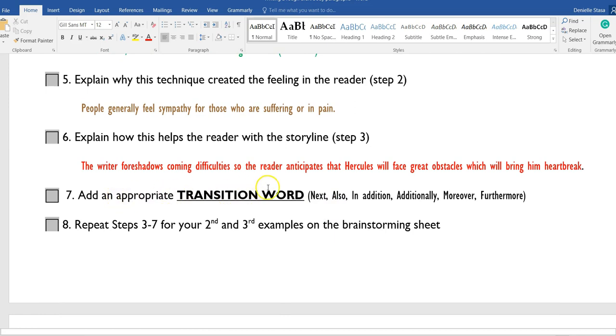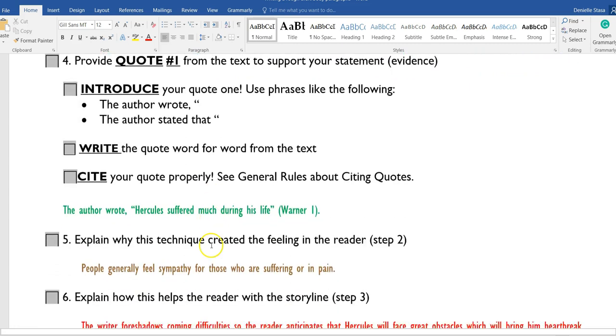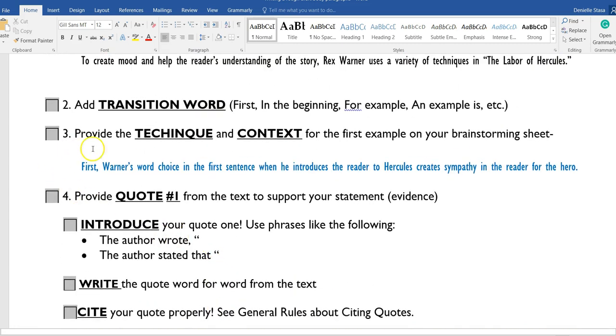After that, I'm going to add another transition word because I'm going to do my second example. So appropriate transition words for your second and your third examples are words like next, also, in addition, additionally, moreover, and furthermore. Okay, so then you're going to repeat steps 3. Notice I'm not doing 2 transition words, I'm only doing 1, right? I did the transition word, went back to step 3.